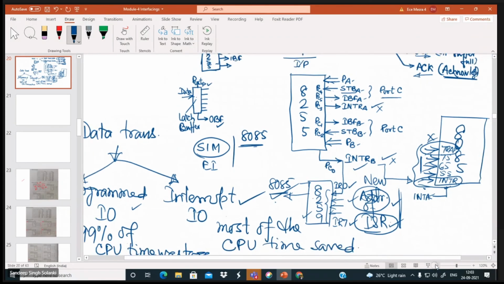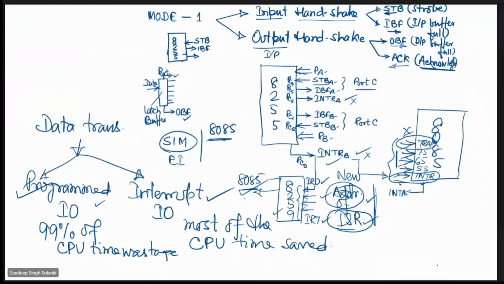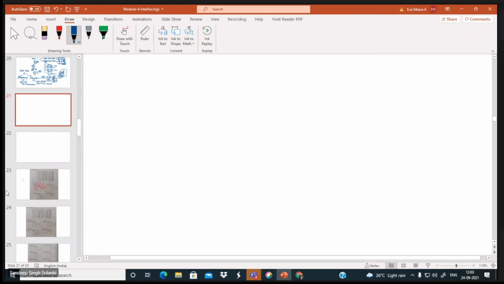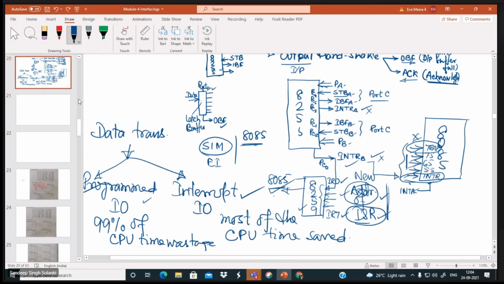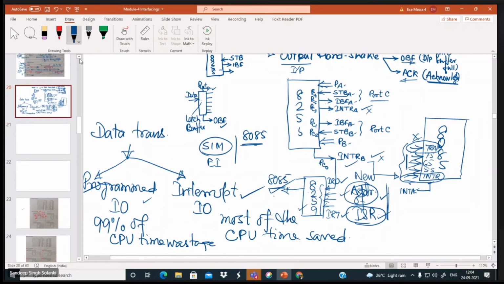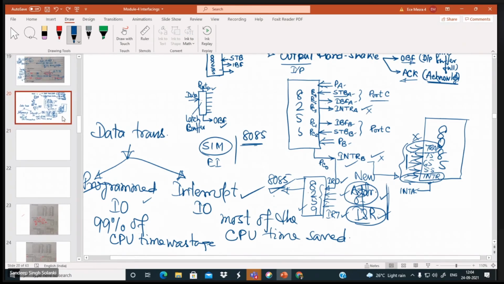So for today, I think it is enough. Next class I will show you the programming part, and also I will show you the output part.